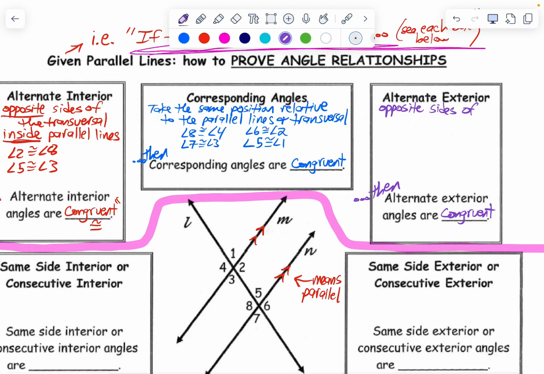These are on opposite sides of the transversal, outside this time of the parallel lines. So again, draw the box, but this time look on the outside of it instead of the inside of it.